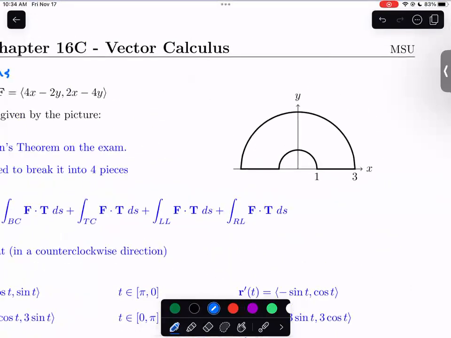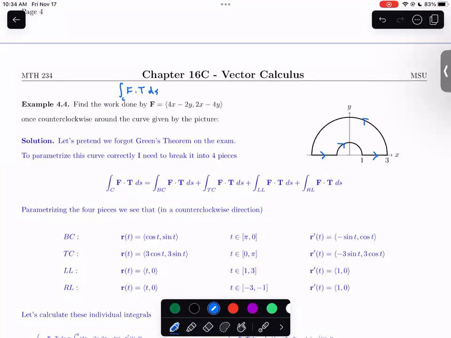So here's our picture here. If I'm going around this thing counterclockwise, I'd be going in this direction. And it's really quite annoying because there's actually 4 pieces to my curve.